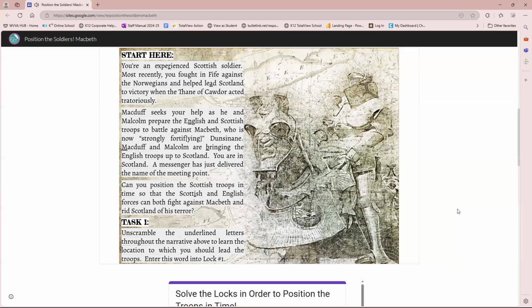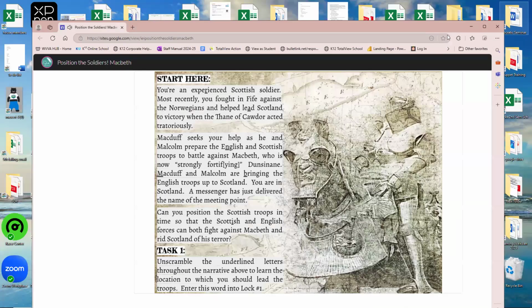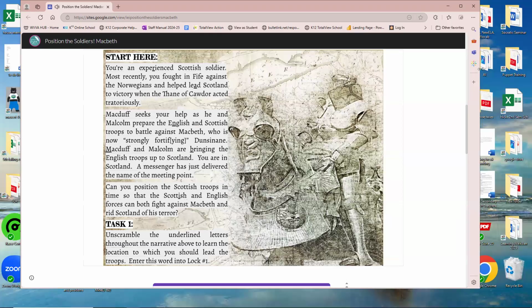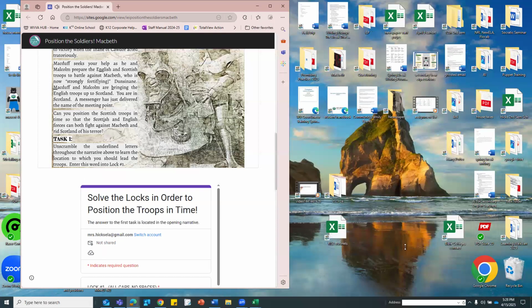So our first task, task 1: unscramble the underlined letters throughout the narrative above to learn the location to where you should lead the troops. All right, so I'm going to split the screen here, and I'm going to bring up a blank Word document.